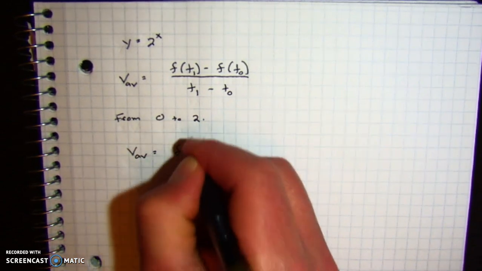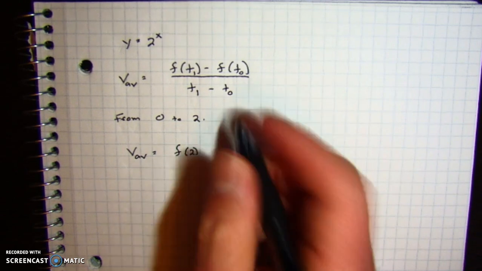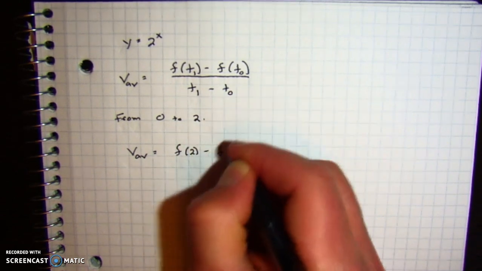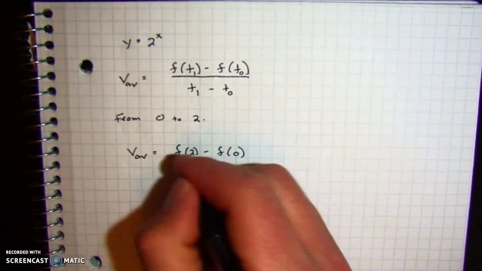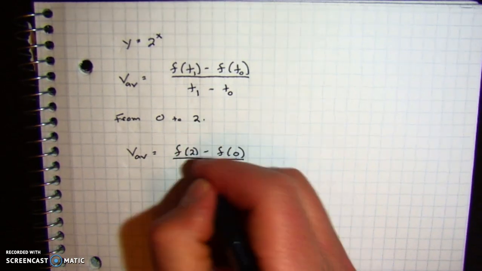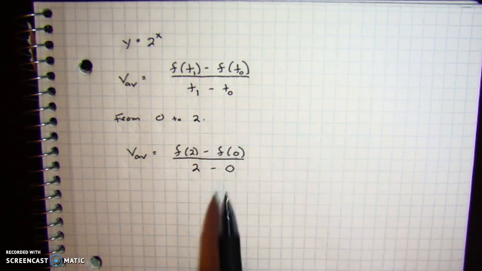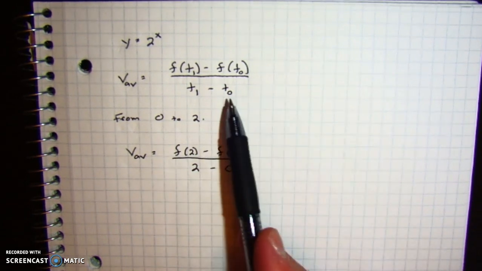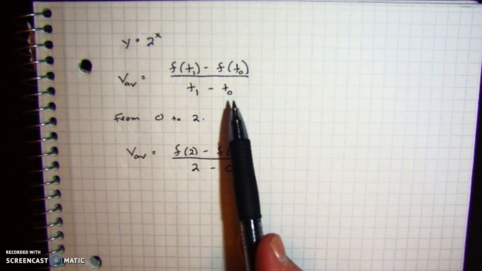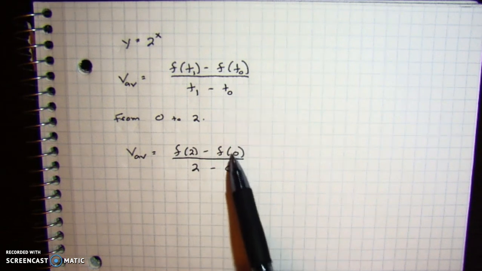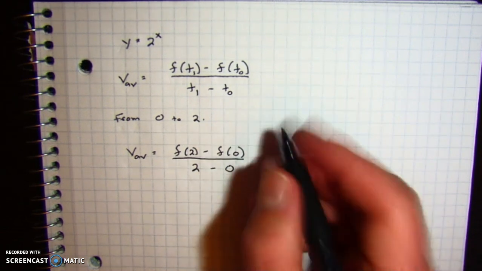That's going to be our function at x equals 2 minus our function at x equals 0 over 2 minus 0. Again, you don't really have to pick 0 for t naught. I picked that because the math will work out a little bit easier like that.